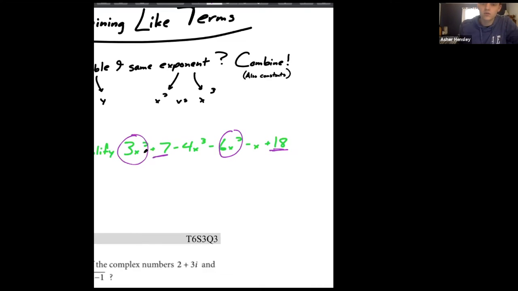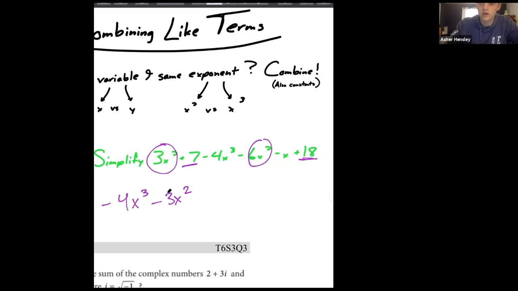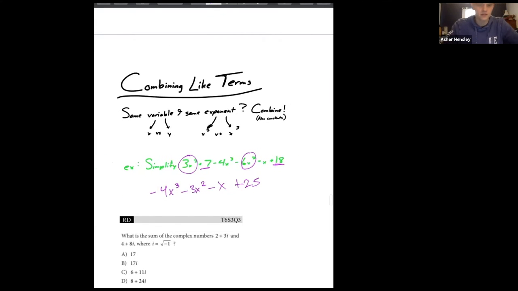So 3x squared minus 6x squared gives us negative 3x squared. Negative 4x cubed is by itself, so we put that at the front always. Then we have this negative x showing up over here, put that by itself. Plus 25, so we bring the constants together. All that means is add or subtract terms that are either the same power or the same variable. That's it.